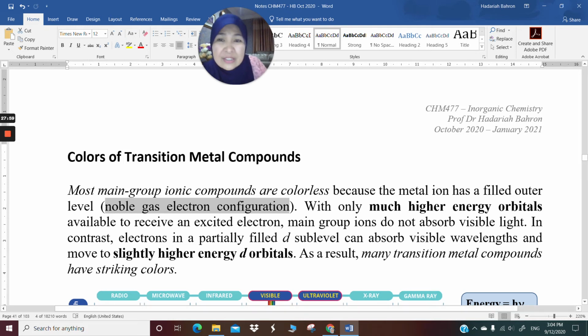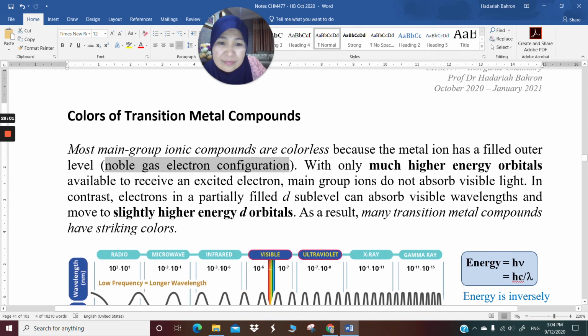But for transition metals, electrons are located in partially filled d orbitals. They can absorb visible wavelengths, making them move to a slightly higher energy level.